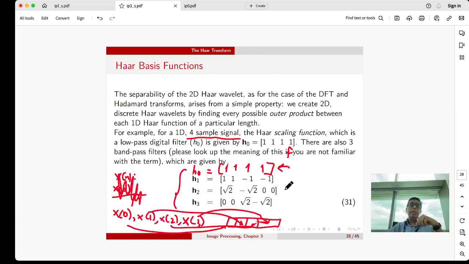But H1 is looking at a derivative over a longer time scale, or a longer span of values in the input data sequence. That's because we're looking at the entire signal, considering two samples together, and then subtracting two samples later on in the signal from those. So it's kind of averaging and taking a derivative at the same time.